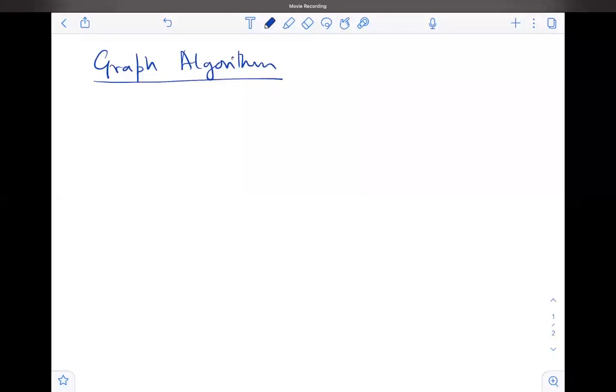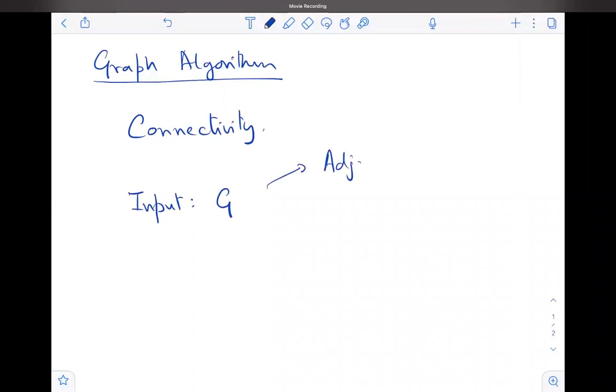So the first thing that we will check about graph algorithms is the simple thing of connectivity. If I give you a graph, the input is a graph G. Whenever I say input is a graph G, by default you should assume that this is an adjacency list.